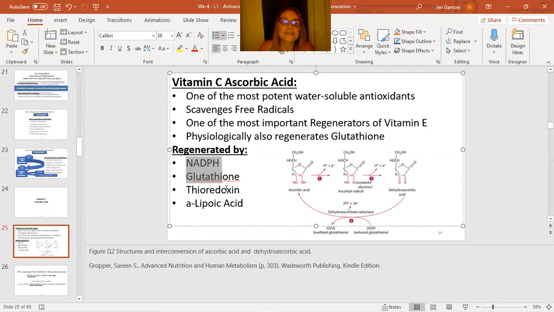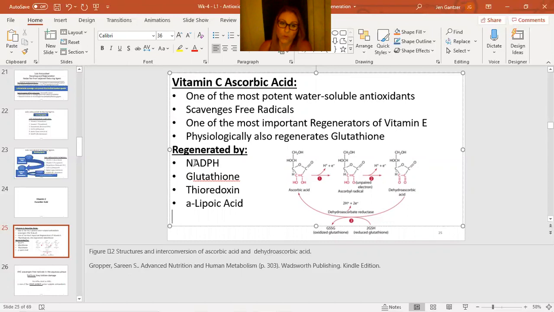Now, vitamin C can be regenerated by NADPH. One of the most important intracellular vitamin C recyclers is going to be NADPH. And if you run low on that, then you can actually lose your vitamin C, because it will go into a radical and then get degraded, and then it's just physiologically inert.